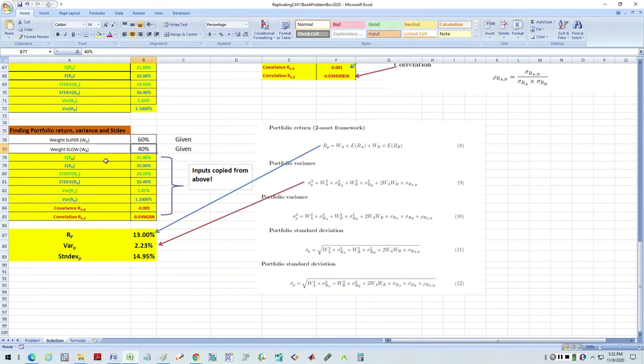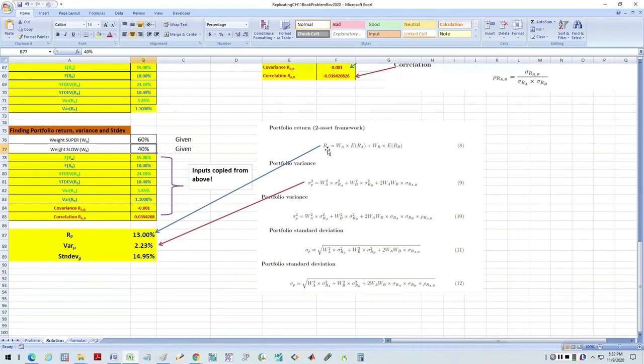So what I've done is I've copied and pasted the inputs that we have calculated: E of RA, E of RB, standard deviation of RA, standard deviation of RB, variance of RA, variance of RB, covariance of RA and B respectively. And we're going to again calculate the portfolio return, variance, and standard deviation of a portfolio comprised of 60% of SuperTech and 40% of Slowpoke. Okay? WA and WB are 60 and 40%.